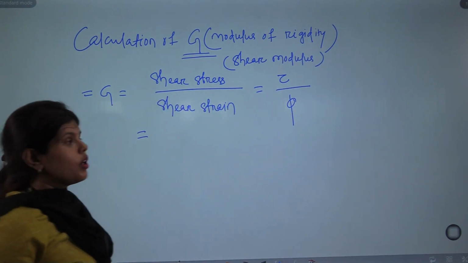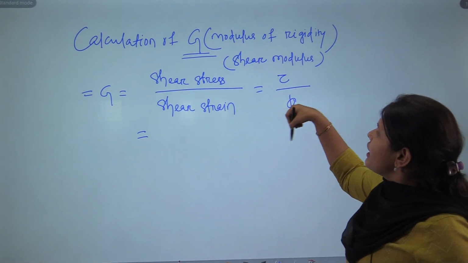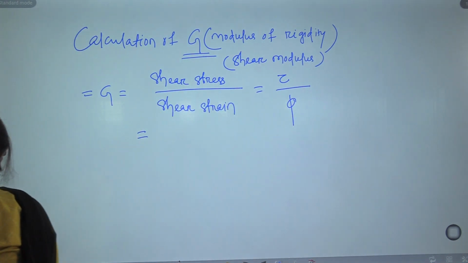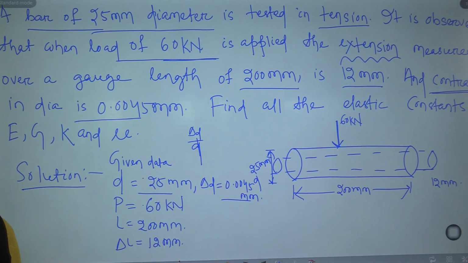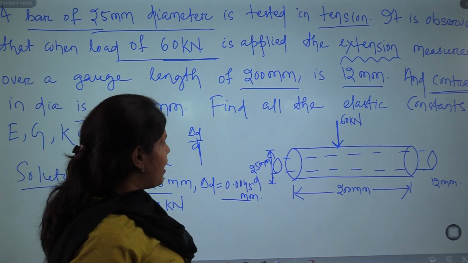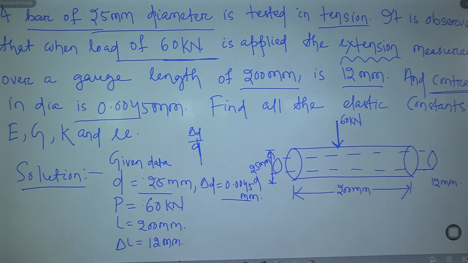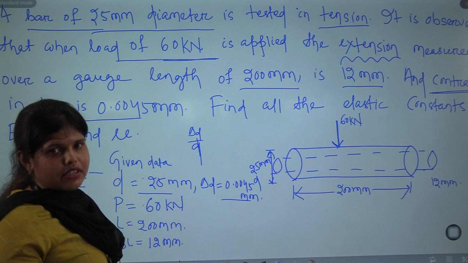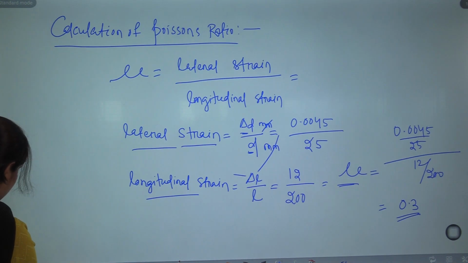So, if you have tau and phi, you can directly calculate G. But in our question, you can see here, tau and phi are not given. So, we need to calculate from E, that is your Young's modulus.